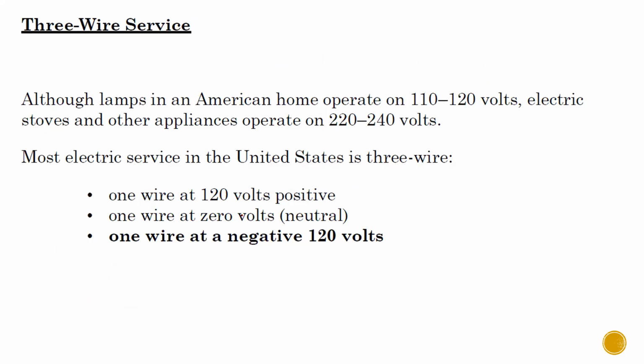Electric stoves and other appliances operate on 220. What does it mean? Here in America they tried to solve the problem. They said, let's make something we call an electrical VCC or VLC.